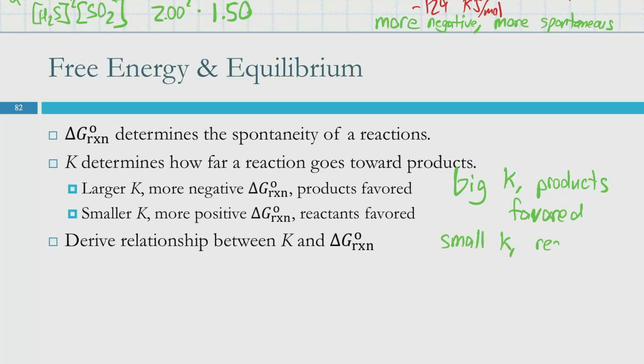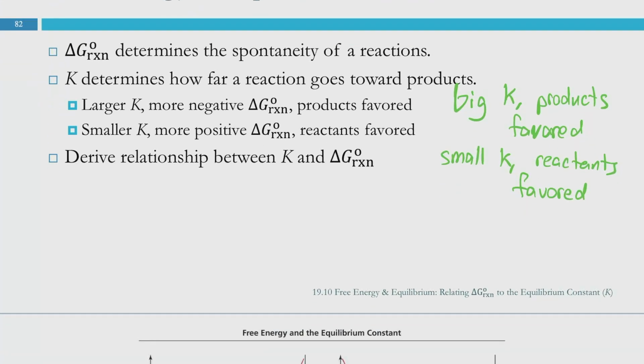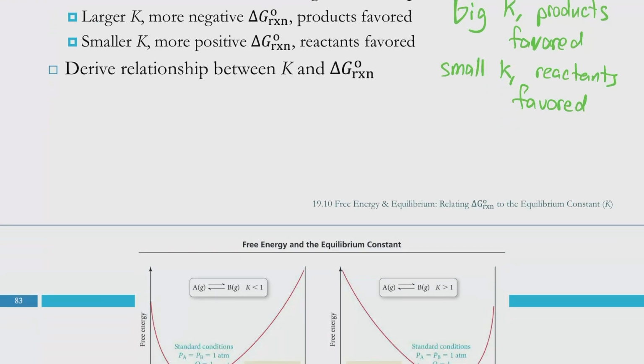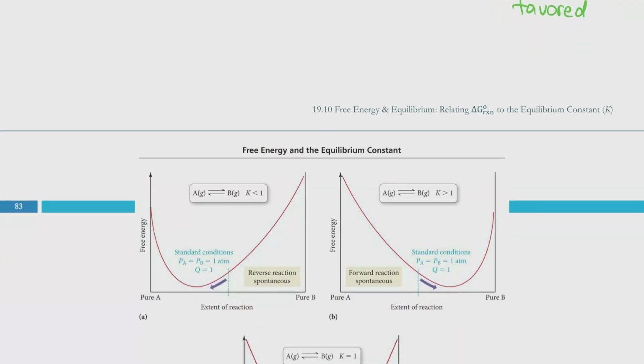Small K, our reactants are favored. We can derive a relationship between K and the standard change in free energy of a reaction. Or we can just look at a slide later, I think, that has it instead.